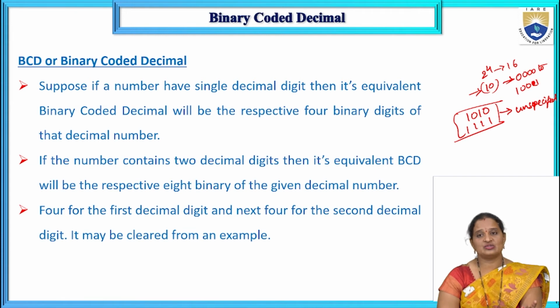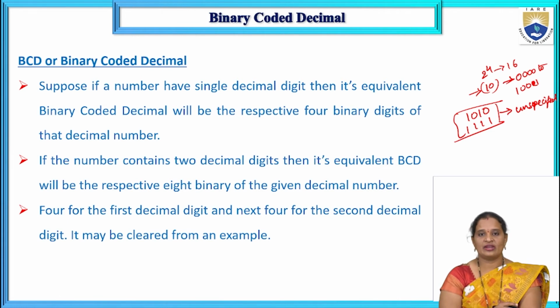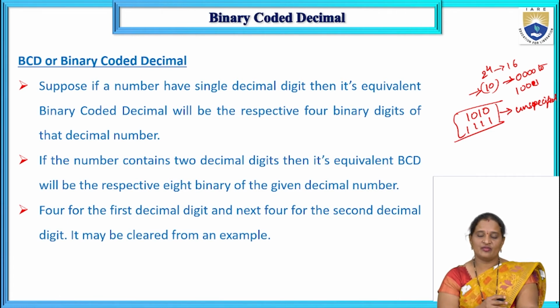If the number contains 2 decimal digits, then how can we obtain the BCD? Each decimal digit should be replaced by its 4-bit equivalent binary, so that you can get the equivalent BCD code for a decimal number which has more than 1 digit.